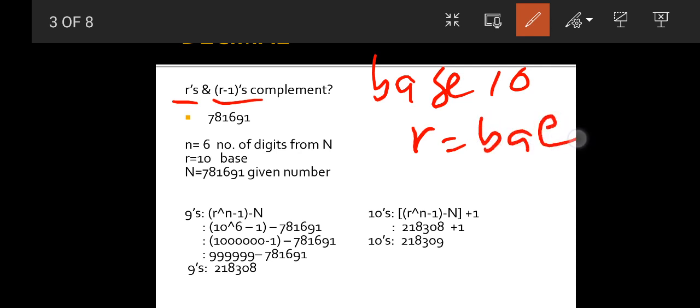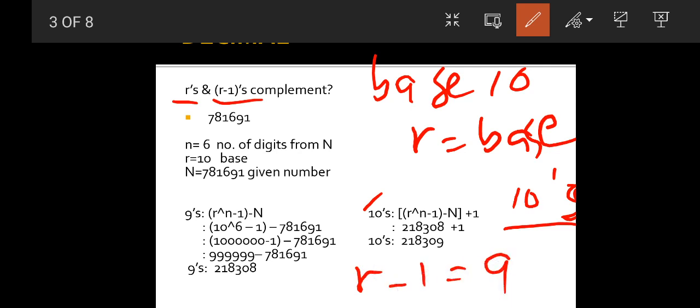So your base is 10. That's why you are going to get the tens complement. And your r minus 1 is equal to 9. Since your base is 10, minus 1 is 9. So you have to get also the 9's complement, which is your diminished.